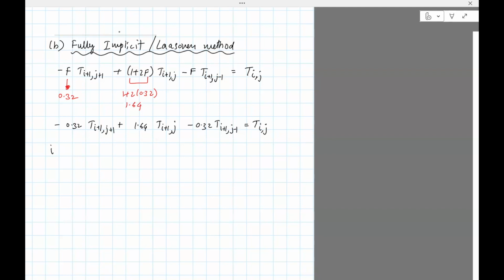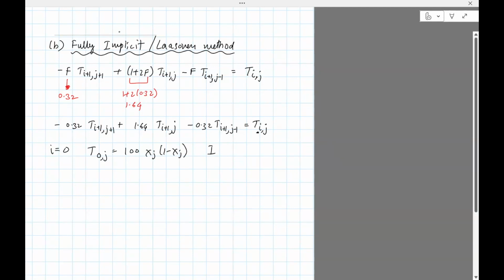Yes, so here we go. We plant i equals 0. We also know that T(0, j) equals 100 xj (1 minus xj).